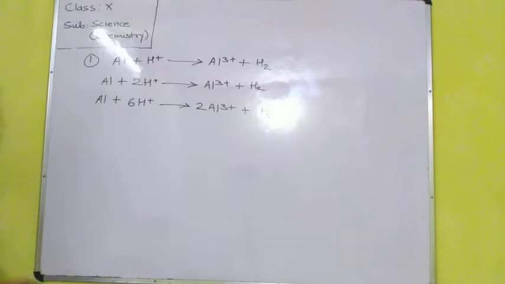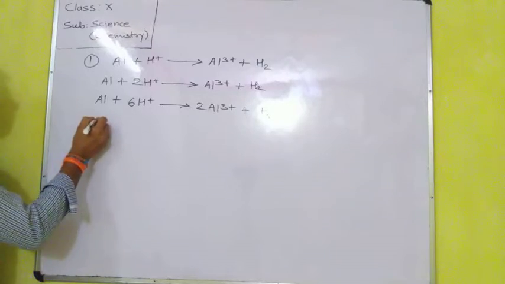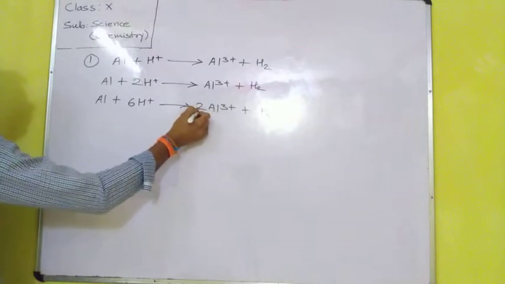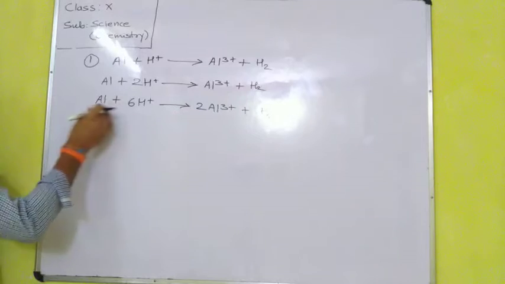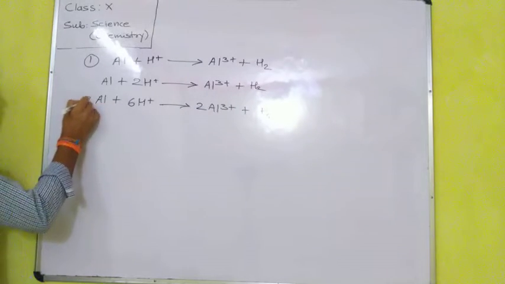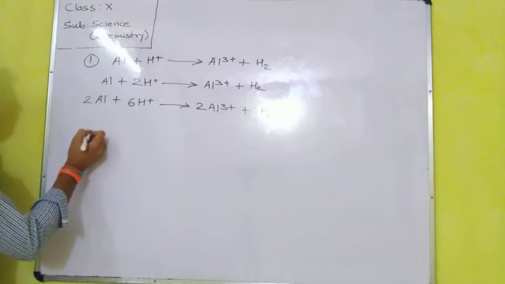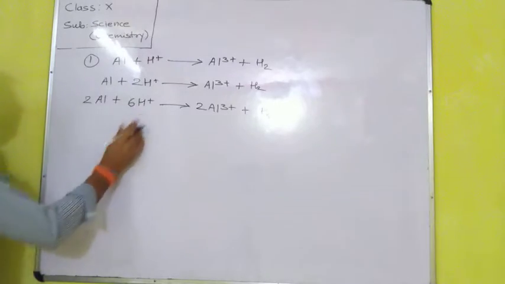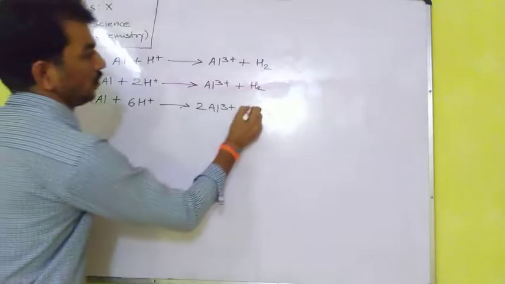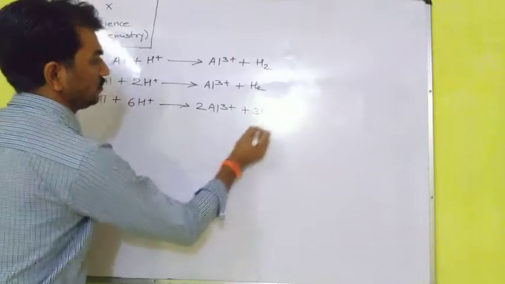Okay, now we have to balance the number of atoms. Here 2 aluminium atoms are present on the product side and here 1 aluminium atom, so we have to multiply by 2. And here 6 hydrogen atoms are present on the reactant side, so we have to multiply by 3, giving 3 H2, which is 6.